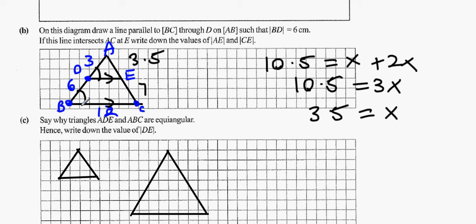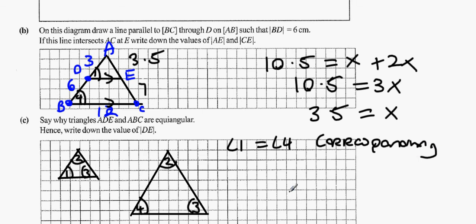So let's give the angles numbers, angles 1, 2, 3, 4. Okay, so angle 1 and angle 4 are equal because they're corresponding. Angle 2 equals angle 2 because it's a common angle.